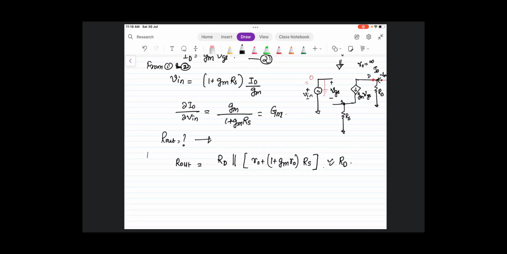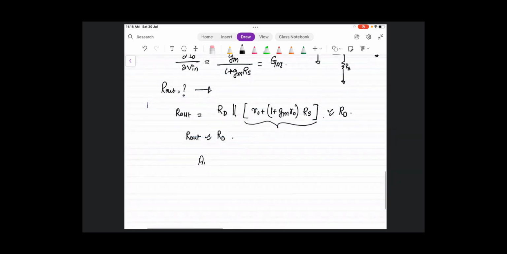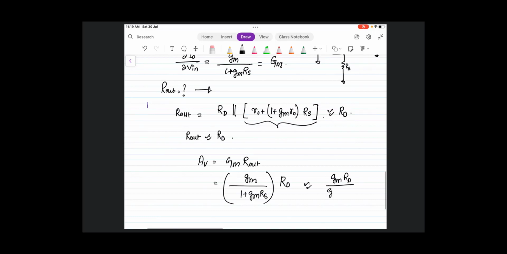If I don't consider R naught to be infinity, then this is the R out that we arrive at, and therefore R out will be approximately equal to RD, and you can see that we arrive at the voltage gain equation, which is nothing but approximately equal to minus RD by RS, since gm RS is much greater than unity.